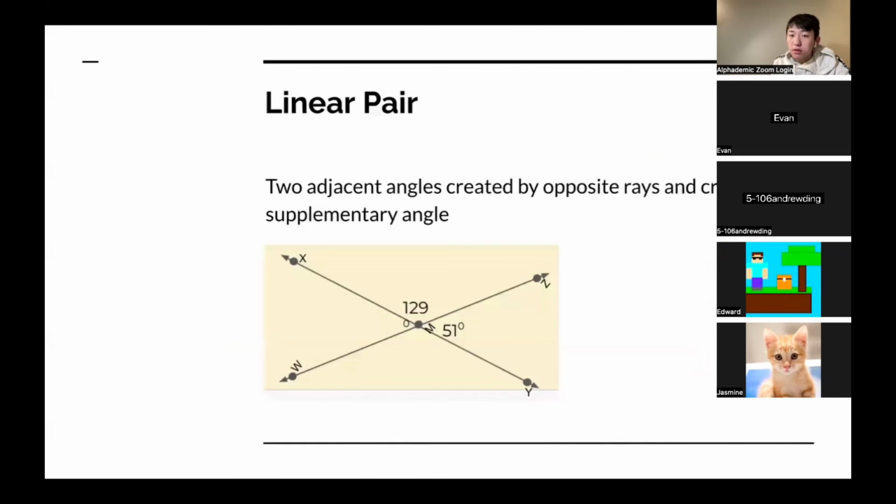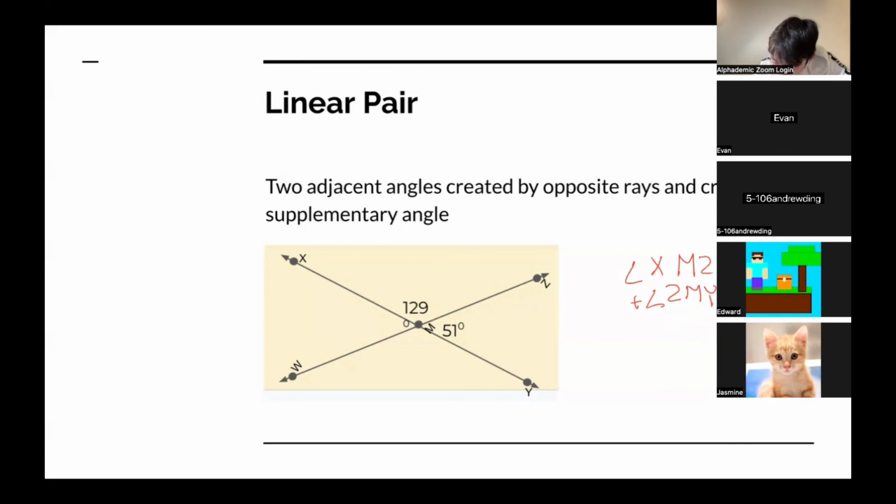All right. Next up, we have a linear pair. So a linear pair is two adjacent angles created by opposite rays that create a supplementary angle. Again, a supplementary angle is just an angle that is equal to 180 degrees. So as you can see, angle XMZ plus angle ZMY is equal to 180 degrees.